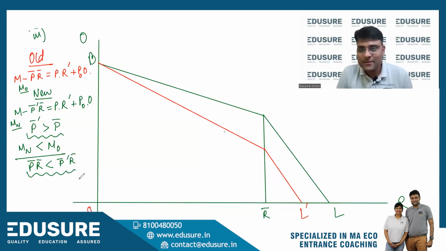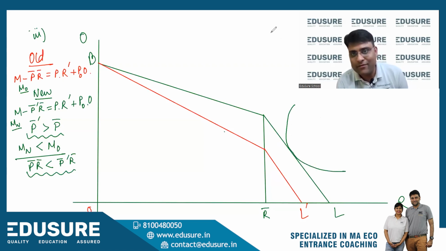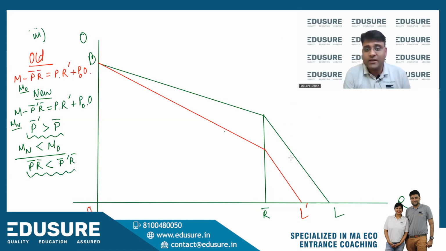Okay. So the money income that I have left in order to buy the amount over and above, the indifference curve को draw करेंगे, it will become very clumsy. This is my R bar plus R dash. So this quantity is R dash.